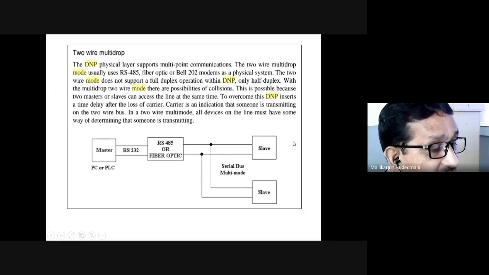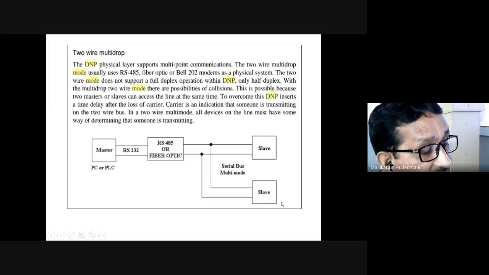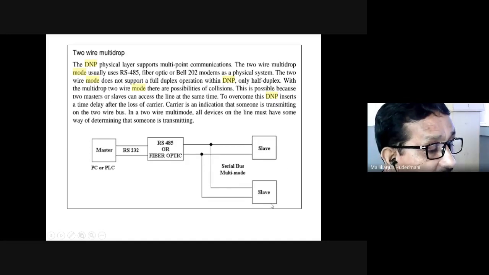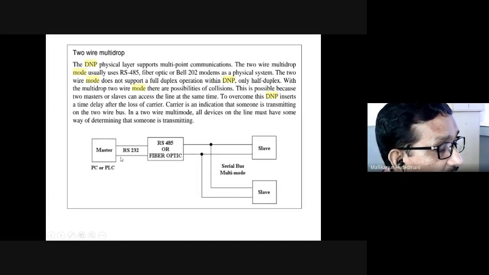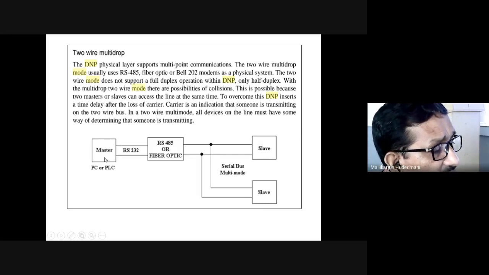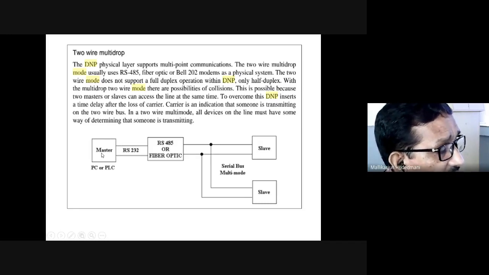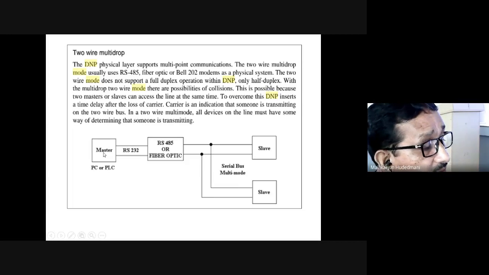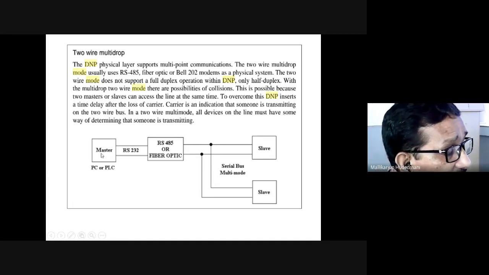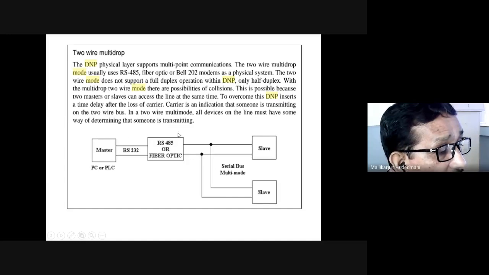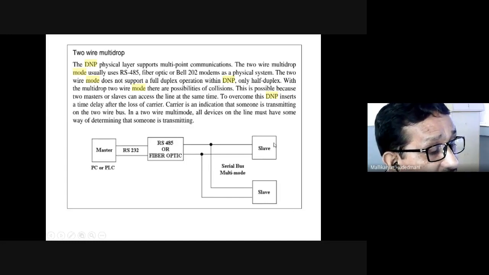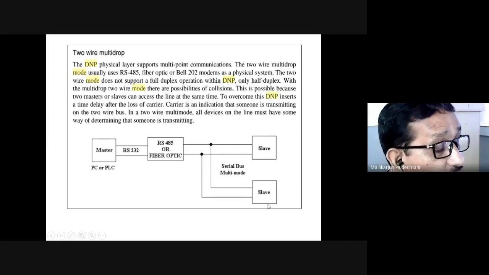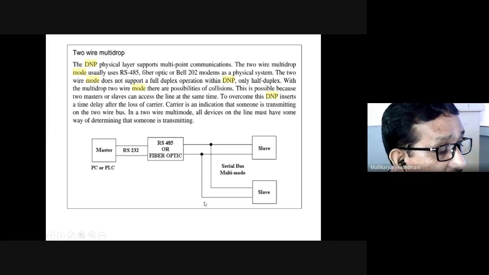Just imagine all the information related to generator number 1 connected to a master unit, which is generator number 1 data, which can go to a remote station later. It means this is an automation around a unit itself, around a plant itself. You can imagine slave number 1 will be generator 1, slave number 2 will be generator 2. Like that, you can imagine the situation around a periphery.